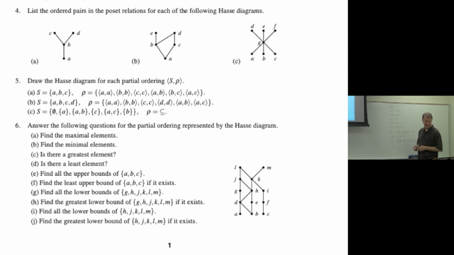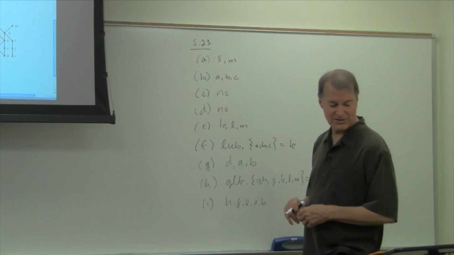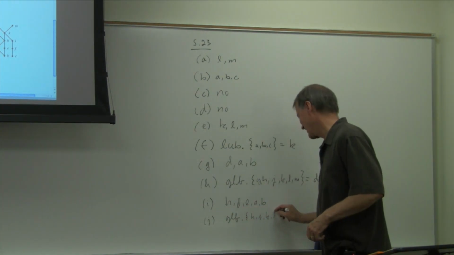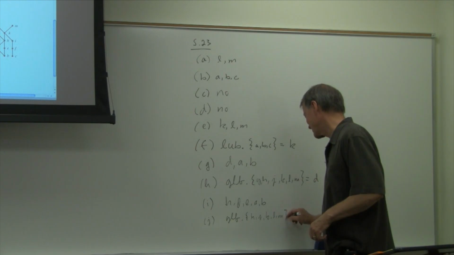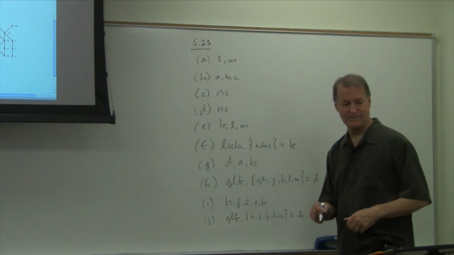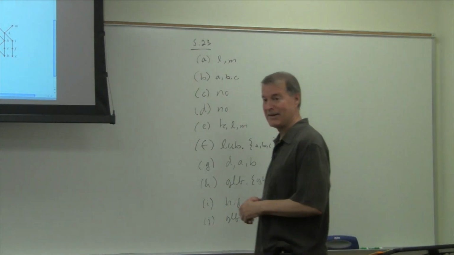H, D, E, A, B. Yeah, good point. And now what's the GLB? H, J, K, L. I keep wanting to make the same mistake, huh? It is H. H is right.